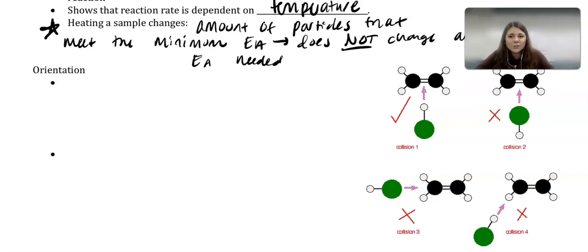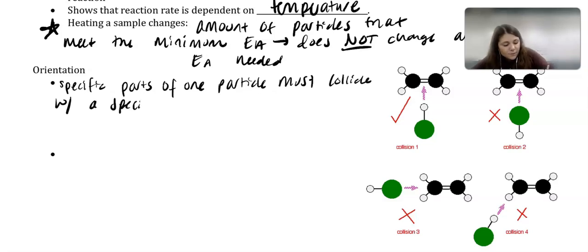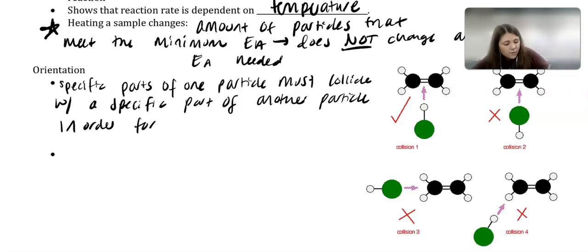So orientation. One thing to know about orientation is that specific parts of one particle must collide with a specific part of another particle in order for a successful collision.